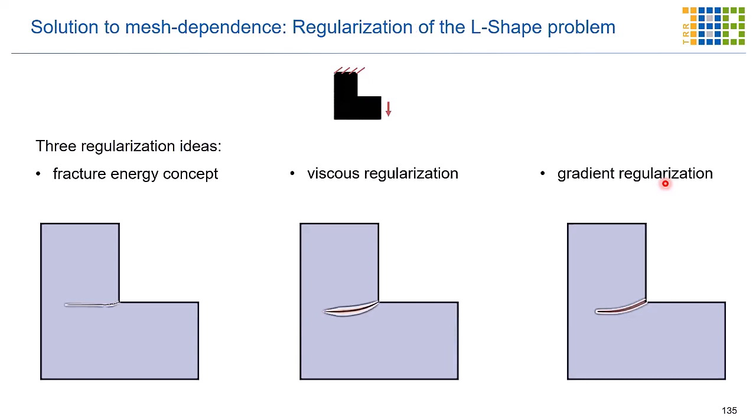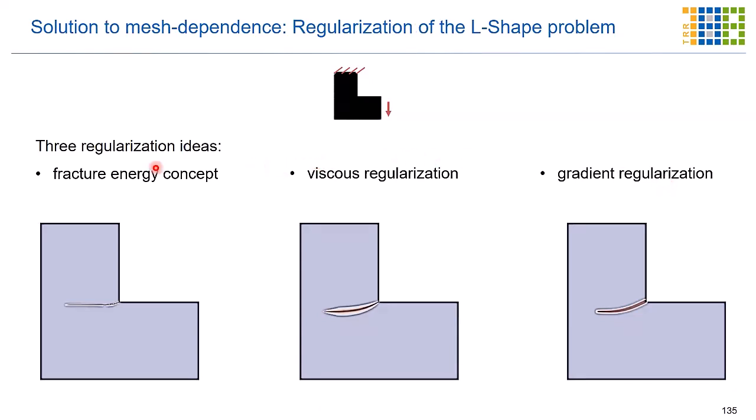And therefore, there are a few solutions for regularization of that ill-posed problem. These solutions aim at fixing the size or the width of the damage zone. So before we were changing the damage zone with the element size, and now we want to have it independent of the discretization, so independent of the mesh size.